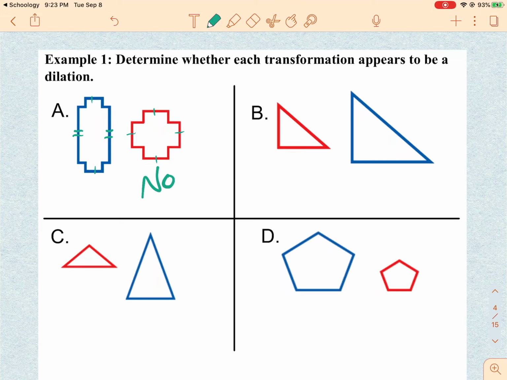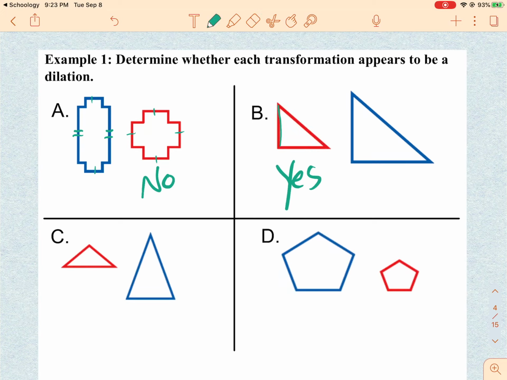What about B? B looks like it could be a dilation. It's just a bigger or smaller version of it. So you're thinking, if I take something like this, I'll try it with a different one.